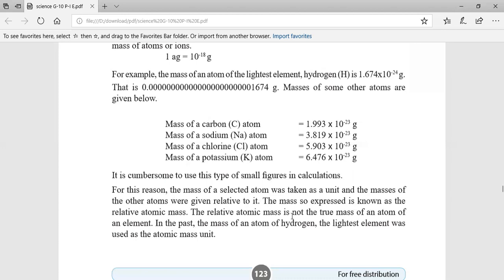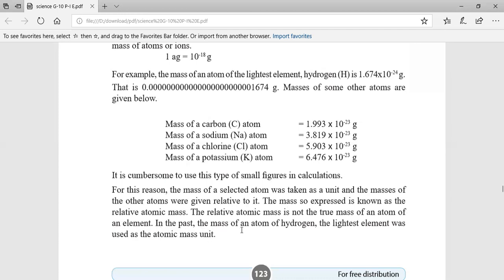The relative atomic mass is not a true mass. It has no units in grams, because it is relative to another mass. It is not the true mass of an atom of an element.